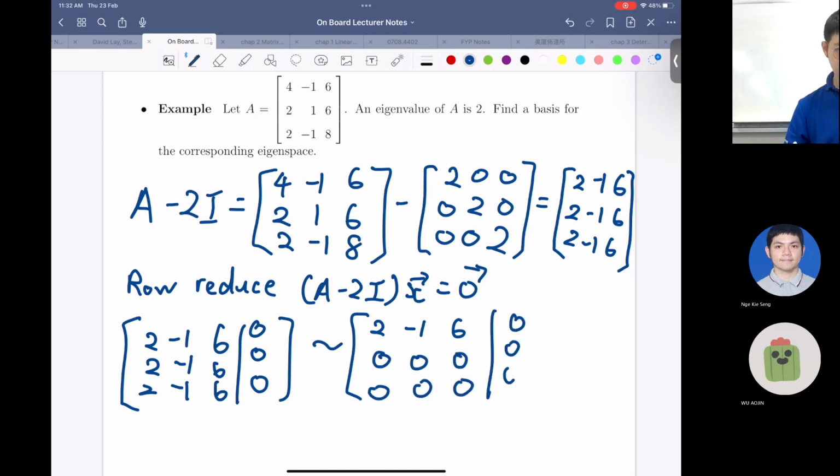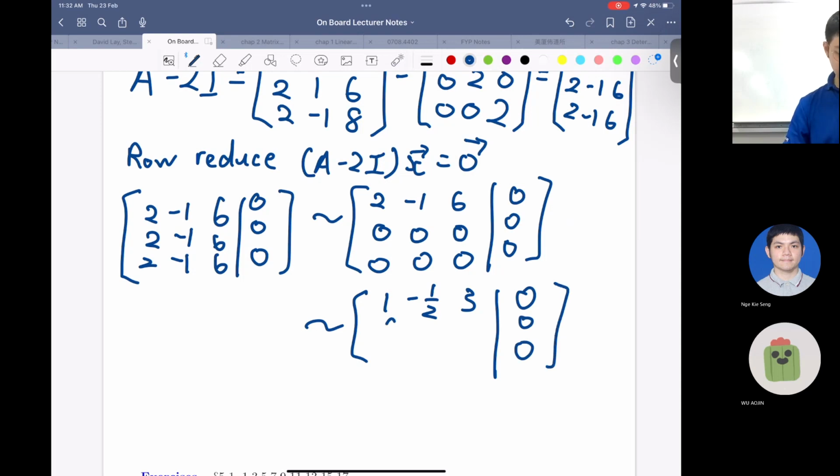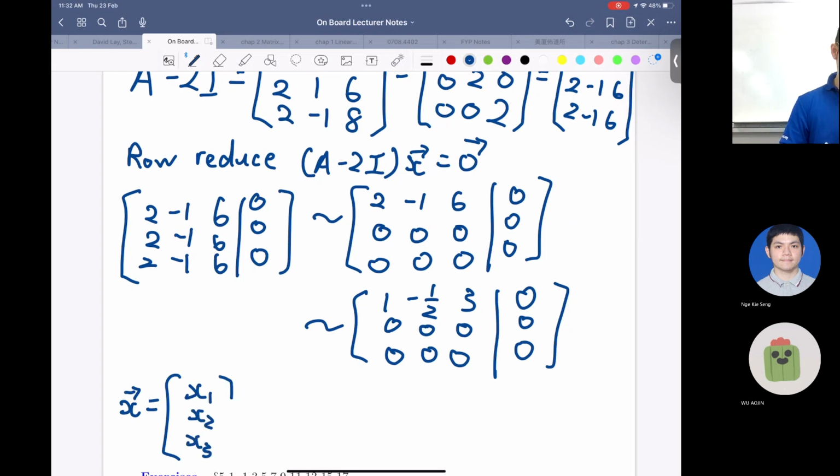If you want to get to the row reduced echelon form, you can write 1, minus 1/2, 3. And then you want to find the solution to this homogeneous system, you write down the parametric form. I still realize that some of you still don't know how to write parametric vector form. So try to brush up your skill.